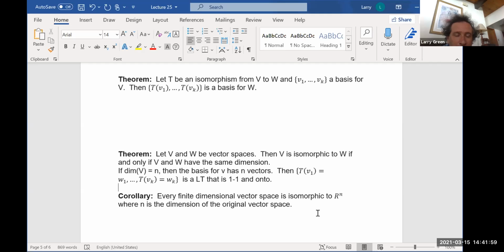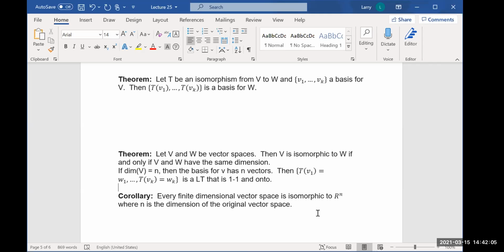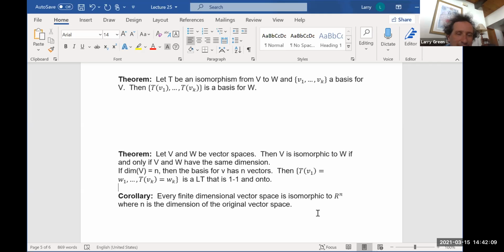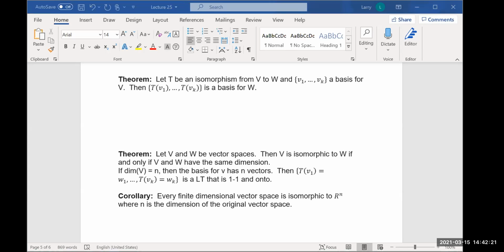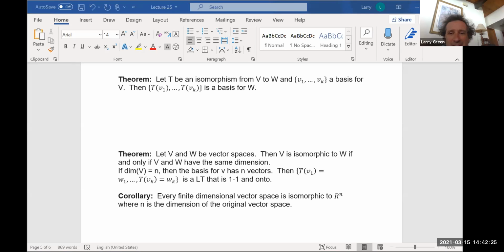Are there vector spaces that are not finite dimensional? Probably. Yeah, which one? I've talked about them. Give me an example. The real numbers is one dimensional.